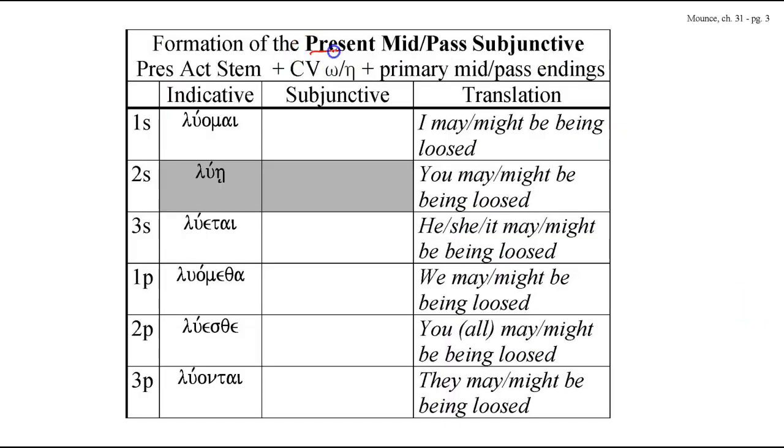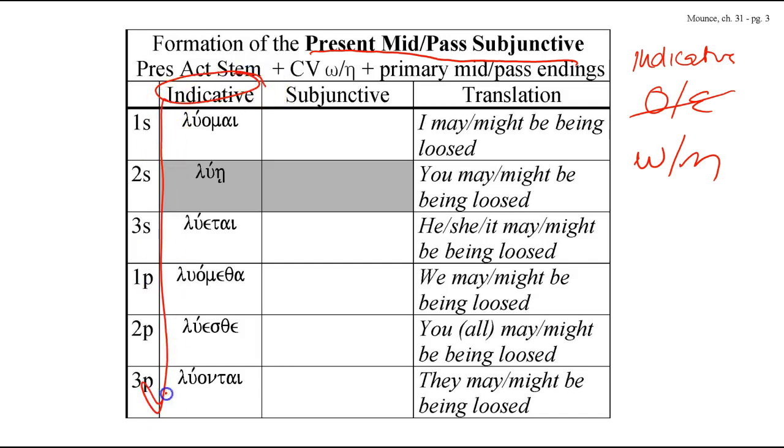The present middle passive subjunctive again follows the same formula as the indicative. The only difference is you don't use the short connecting vowels, you use the long ones. So let's see how this form works. Here's the indicative form. By comparison, I wrote this out. And so the subjunctive is lu, o, and we're going to add mai, sai, tai, metha, sthe, ntai.